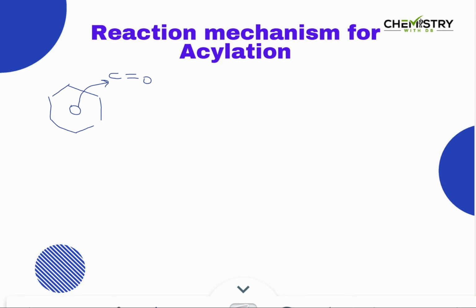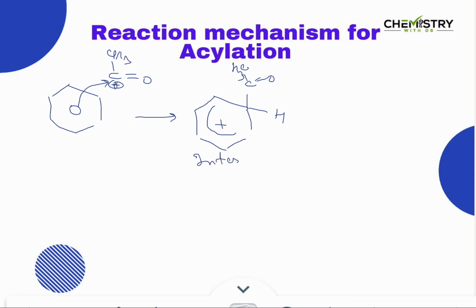Because this was a positive ion, the attack will happen from the electrophile, and in the same way as in all electrophilic substitution reactions, the ring becomes a positive ion because it has used electrons from the ring to form a bond with the CH3C=O group. So here is your C=O CH3, and this is the hydrogen that was already attached to the benzene ring. Now this is again an intermediate, and it's not stable because of being a positive ion.